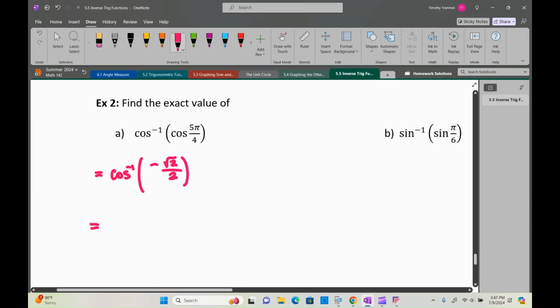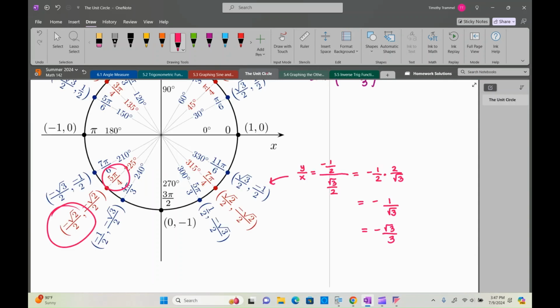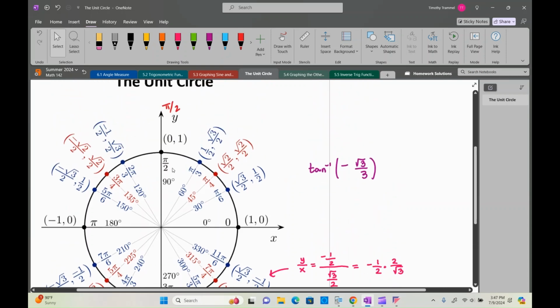And then when I go to evaluate cosine inverse, remember, I need to get an angle between 0 and pi. Cosine inverse gives us angles between 0 and pi. So now I'm going to go back over here to my unit circle, and I'm only going to be looking at the angles between 0 and pi.